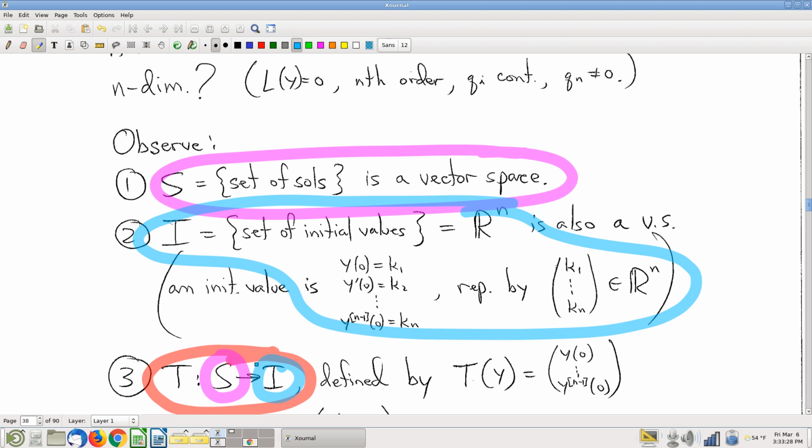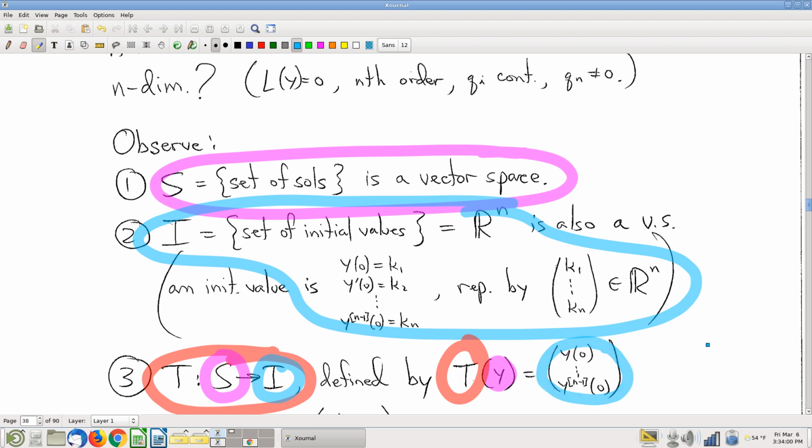So there are linear transformations of various different sorts. This one kind of looks like the formula for the Dirac delta function and the derivatives of the Dirac delta function. If you give me a solution to the differential equation, the value of this linear transformation T is whatever its corresponding initial values are.